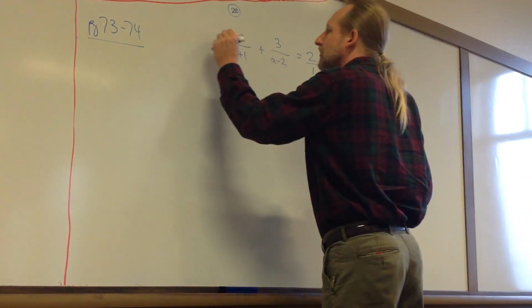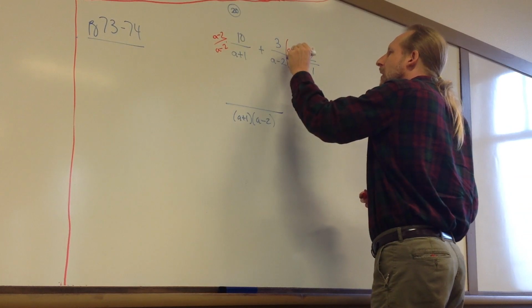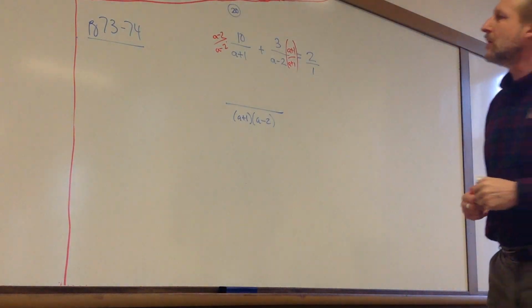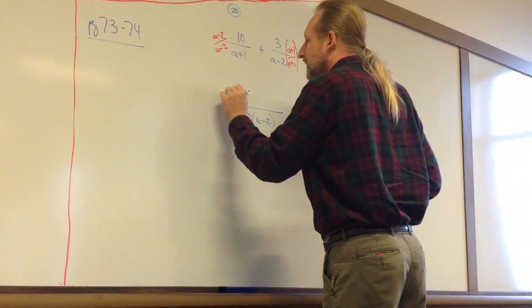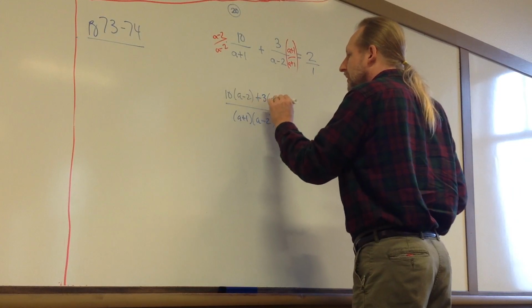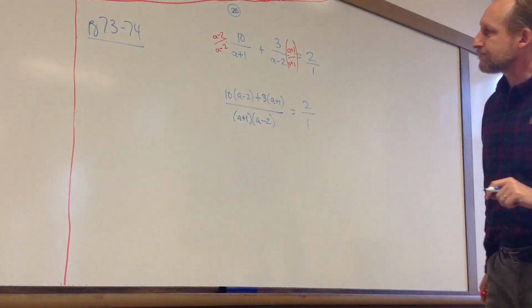So that means this will get multiplied by a minus 2 over a minus 2. And this gets multiplied by a plus 1 over a plus 1. So in the numerator, we'll have 10 times a minus 2 plus 3 times a plus 1 equals 2 over 1.